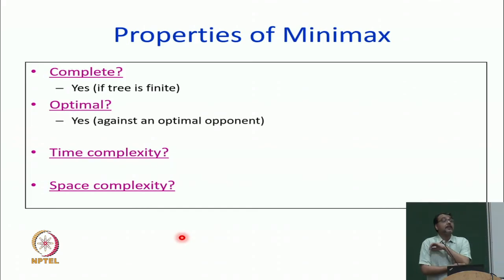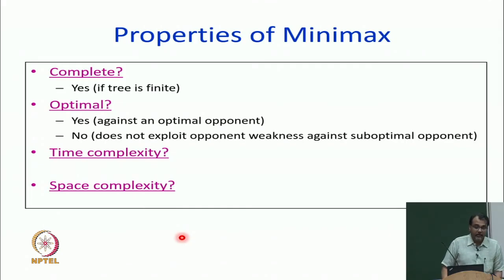This is very important, because it is possible that I have an adversary for which I know a weakness, and if I know a weakness, I know that at a point where they can take many actions, they may not take the best action. And if I know that, then I can exploit that weakness and I can get even more score. But the Minimax algorithm does not exploit opponent weakness against a suboptimal opponent.